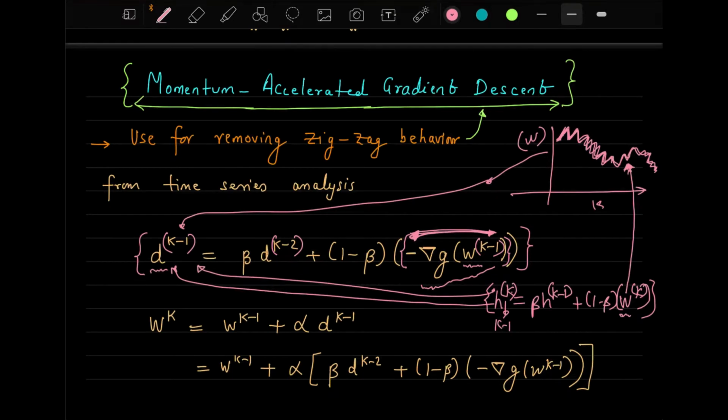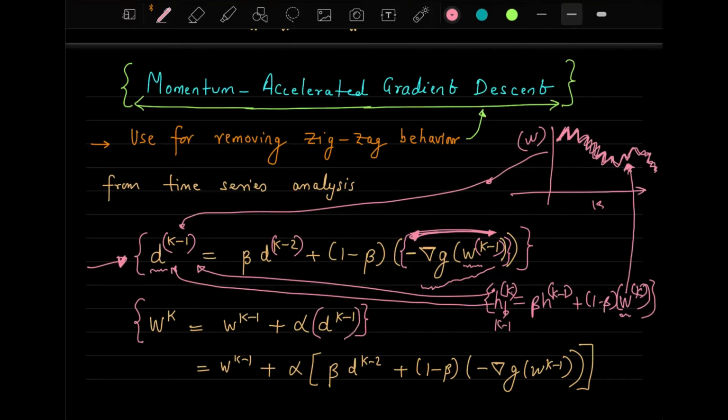Once we have this expression in our hand, from the specific value of gradient descent, we started with the gradient descent using this formula, but earlier dk minus 1 was not there.